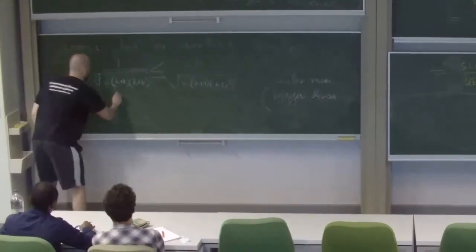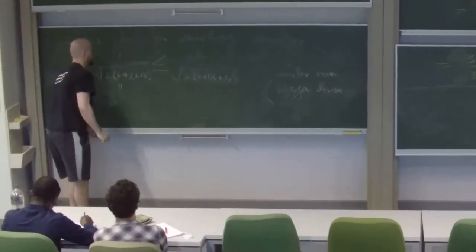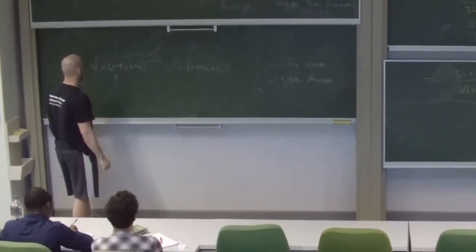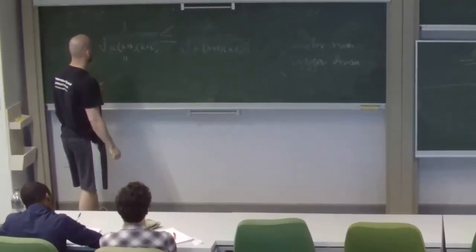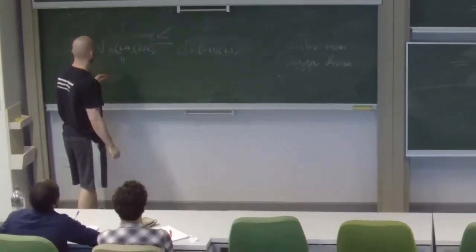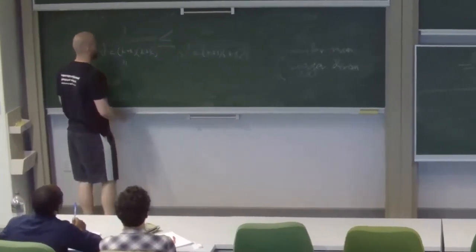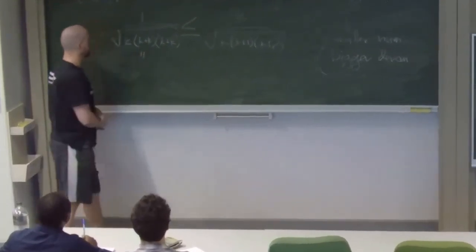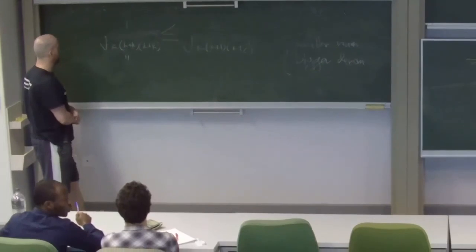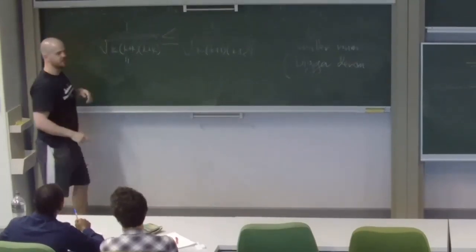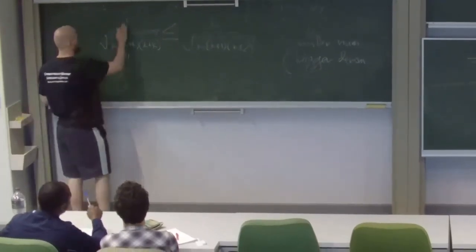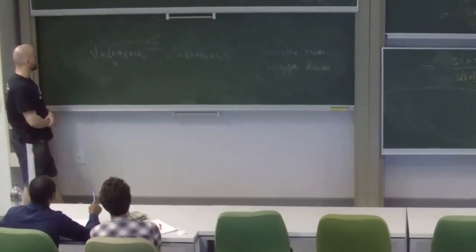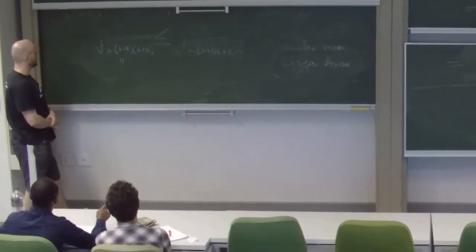So what is this equal to? Actually, I shouldn't have thrown away the numerator. 2k times 2k, 4k squared.